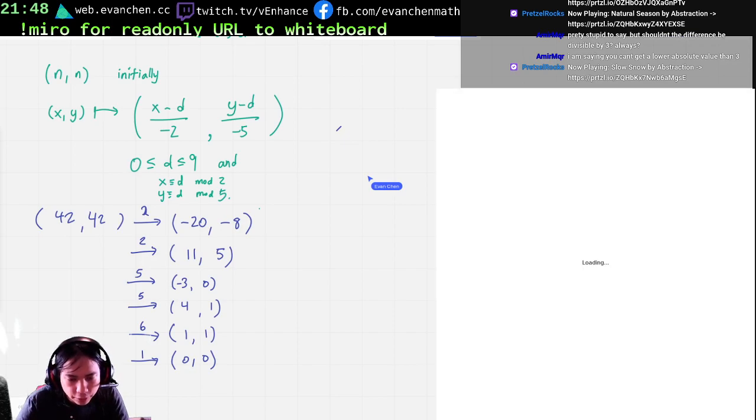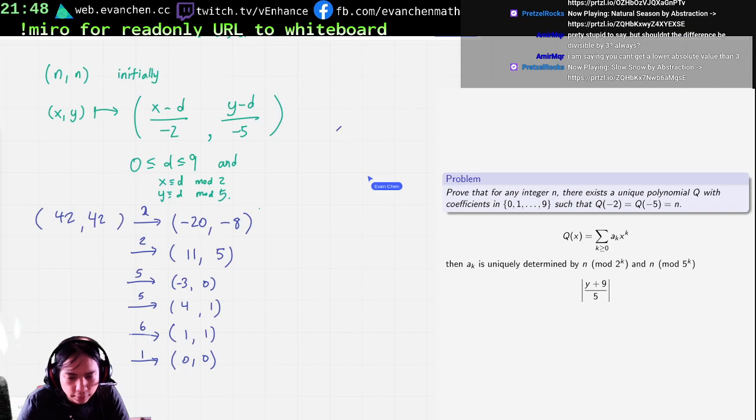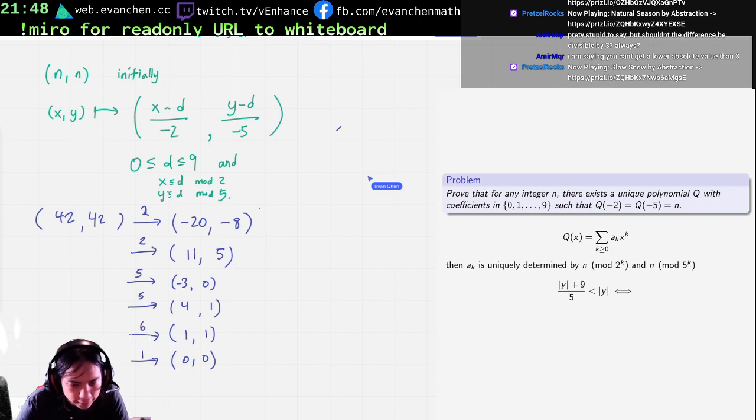So this statement is true as long as, well, hang on, let me just take absolute values everywhere. |y plus 9|/5 is less than |y| if and only if the absolute value of y is greater than 2.25.